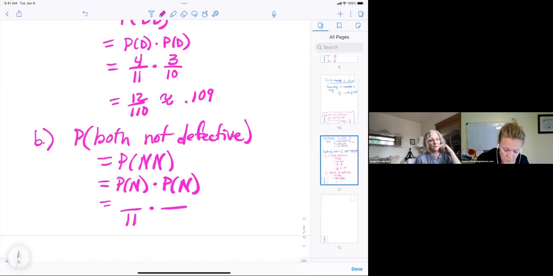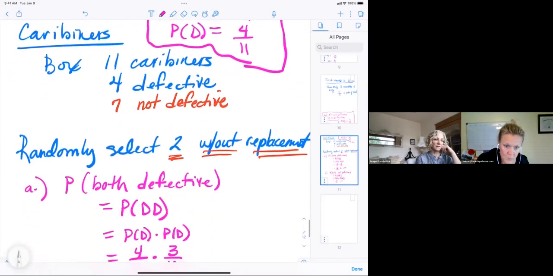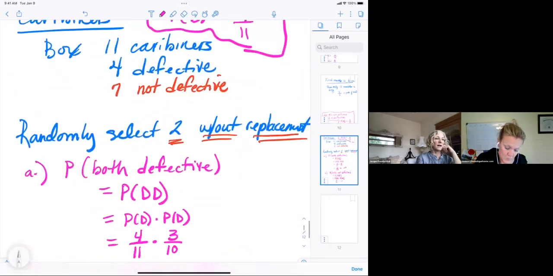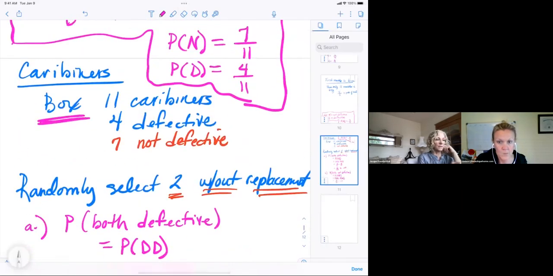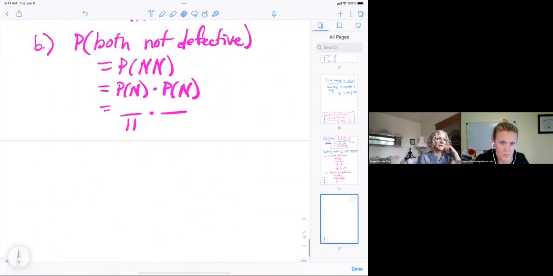Probability not defective, there are 4 that are not defective. Oh, 7. Oops, sorry, not 4. I'm coming back up here to my box and remembering what I have. I have 4 defective and 7 not defective. Okay, so not 4, but 7.